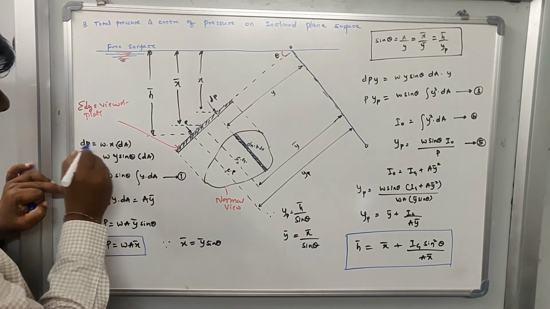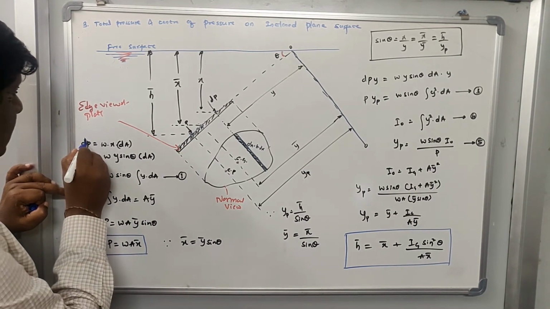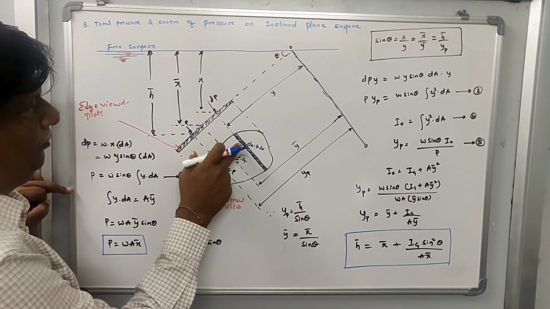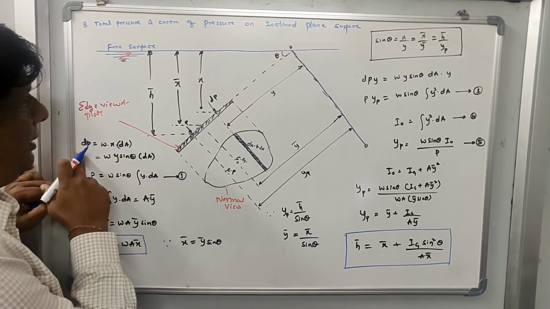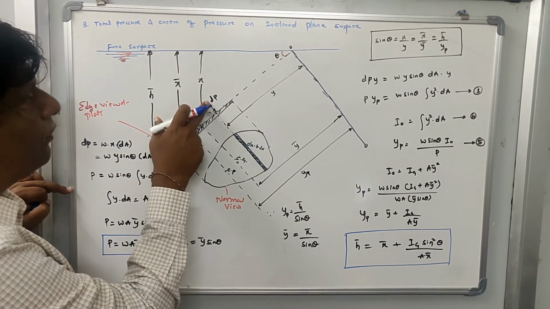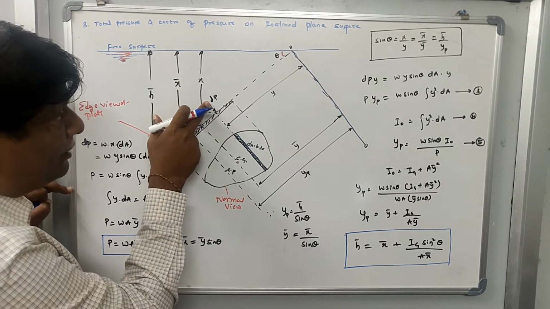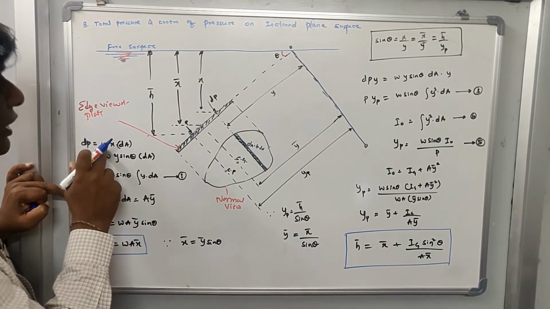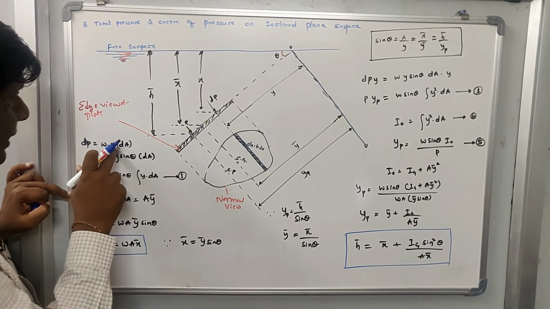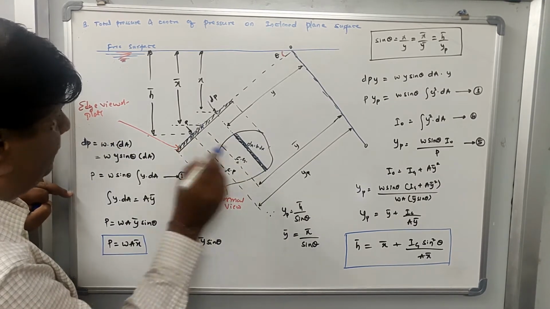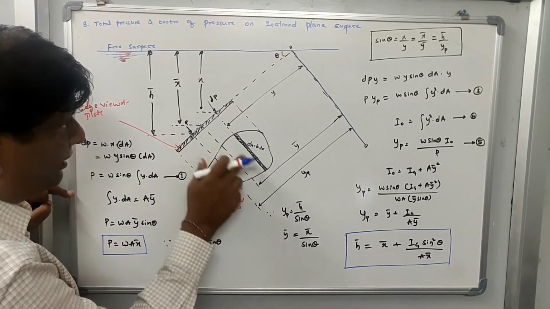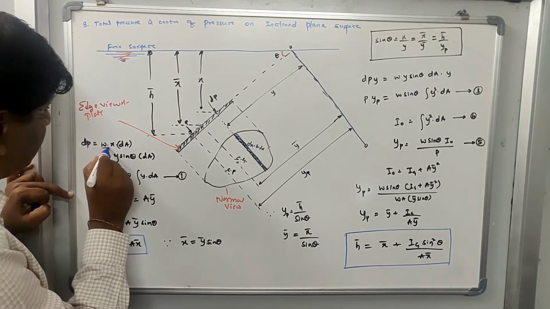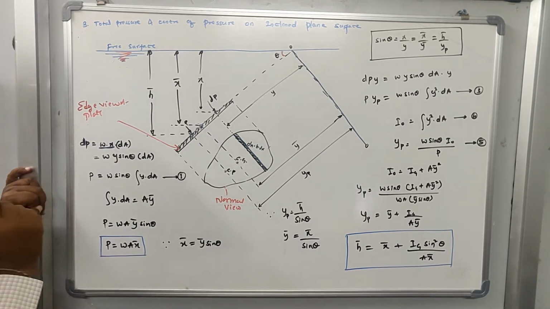This is the total pressure exerted on this strip, that is dP. dP is the total pressure exerted by the static mass of fluid on this strip. This is equal to the pressure intensity, that is wx, times the area of this strip, that is dA.